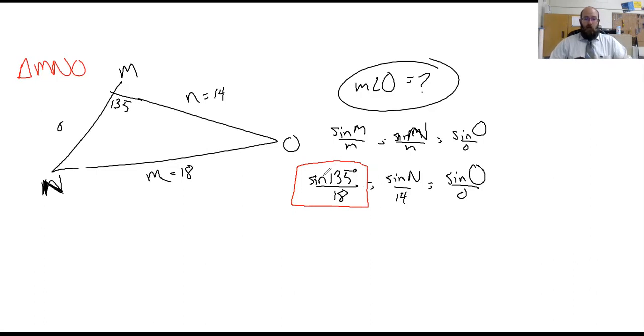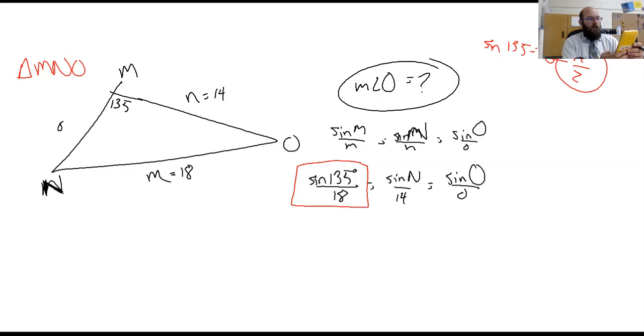So let us do that. And sine of 135, you can have that as a memorized value, or you can type that into a calculator. I know that sine of 135 is going to be equal to square root of 2 over 2. But in this case, I think it's going to be easier to have that as a decimal equivalent. So I'm actually going to type that into my calculator.